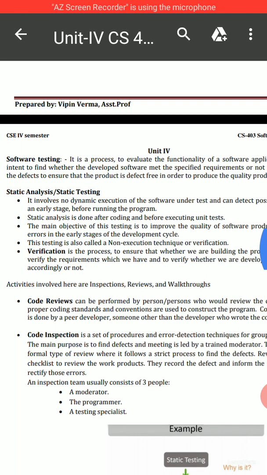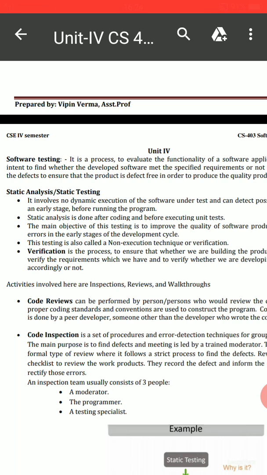So now, static analysis or static testing. Before applying any kind of testing methodology, these testing methodologies are divided into two categories: static analysis or static testing, and dynamic analysis or dynamic testing.